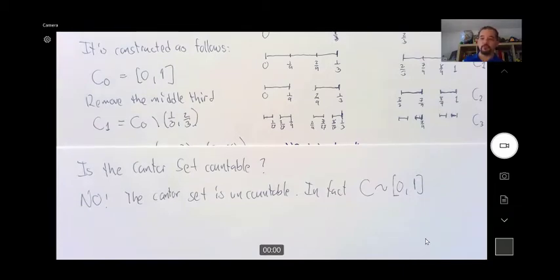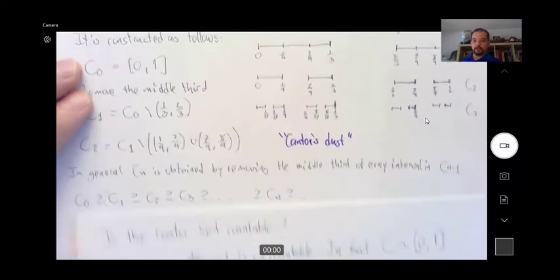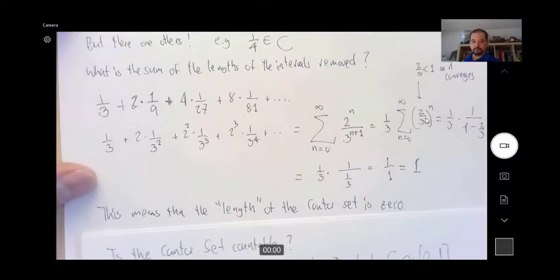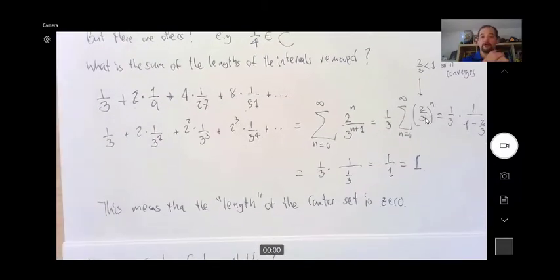The idea is to write down the ternary expansion of a number, not the decimal expansion, because decimal means we're using 10 digits. Instead of using 10 digits, we're going to use 3 digits, 0, 1, and 2.